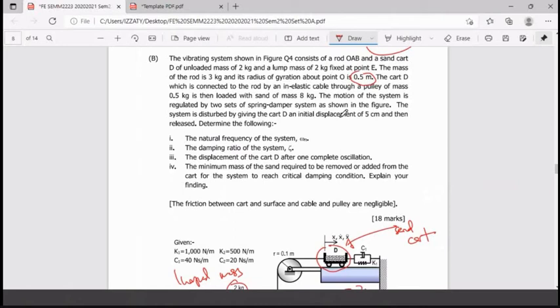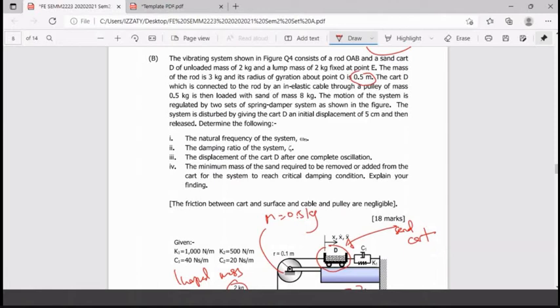What else? Look at it. The cup D is connected to the rod by an elastic cable through a pulley of mass 0.5. Jot down in your notes, so you can easily understand what happens to the system. It is then loaded with sand. You fill this one with 8 kg.